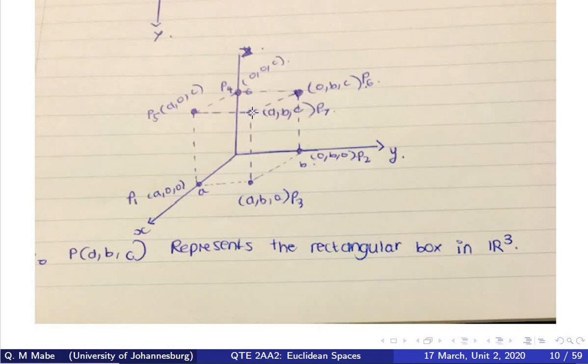It's like a floating point in space in 3 dimensions. So ABC corresponds to this point, because all our coordinates here are non-zero. So if we join all our dots, right? If we join these dots, it is clear that this is a rectangular box in R3.